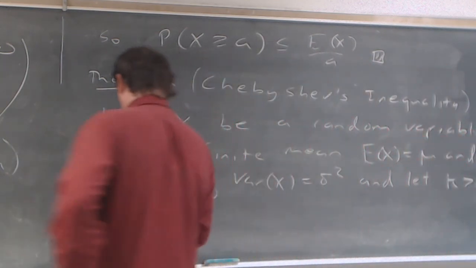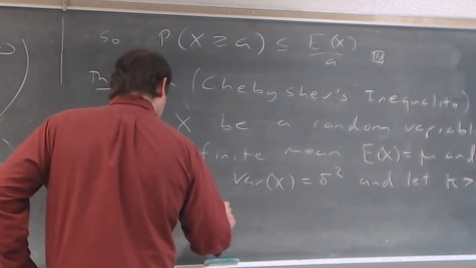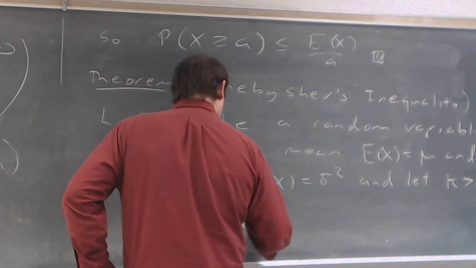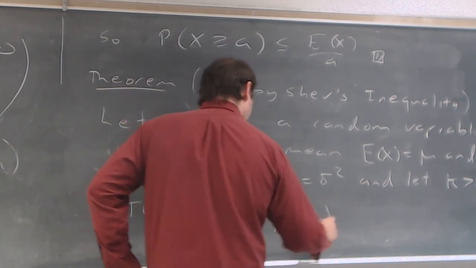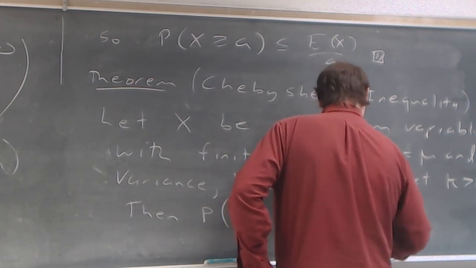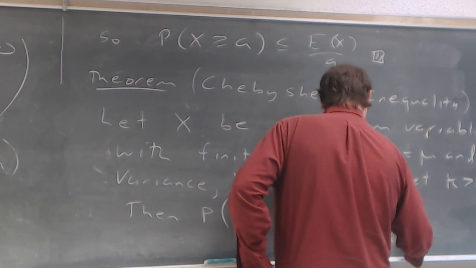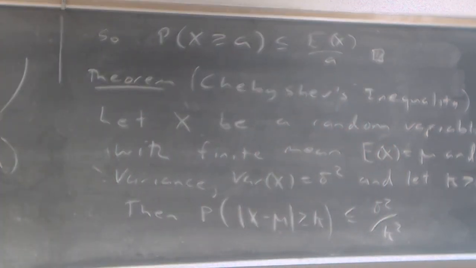Then, for any k, the probability that the absolute value of x minus mu is bigger than or equal to k is less than or equal to sigma squared, the variance, over k squared. And we'll prove that.